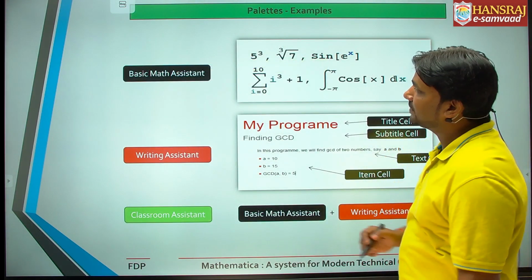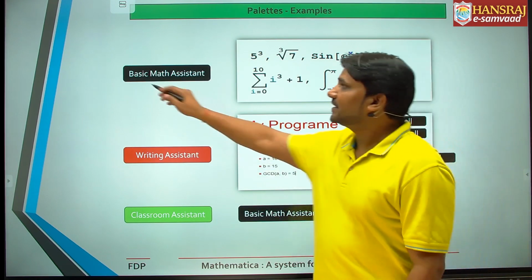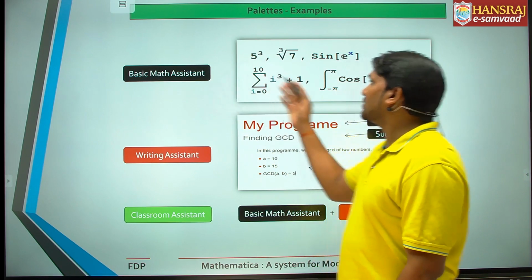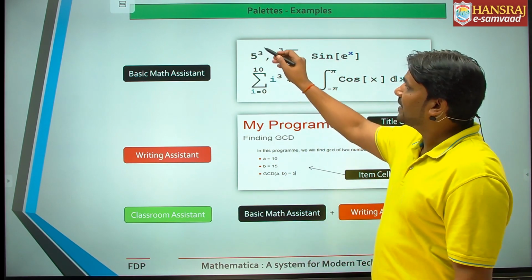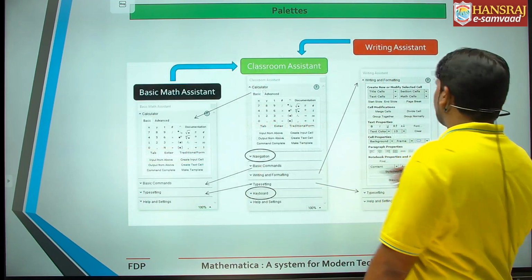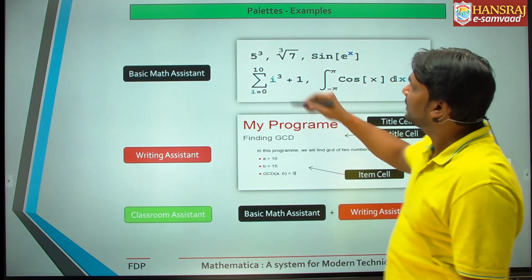So here are some palette examples. In the first, we can see that the basic math assistant provides you the structures. So you can just click on that particular palette and you can directly write a to the power b.